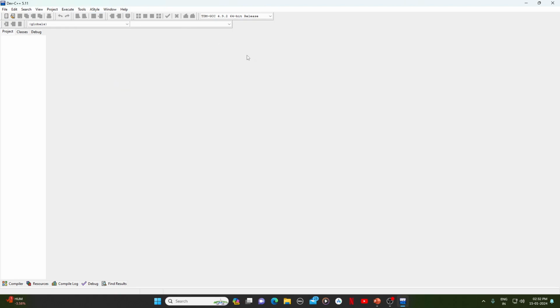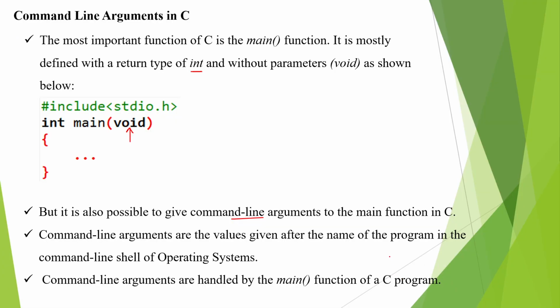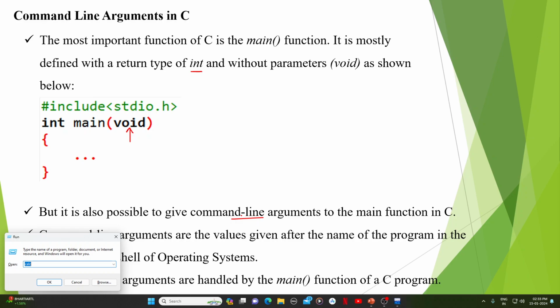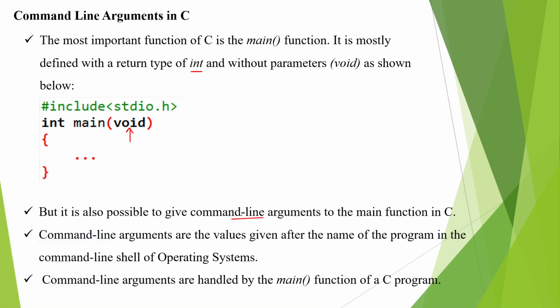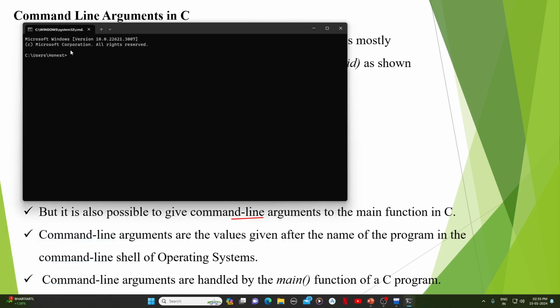But it is also possible to execute our program from the command line. That black screen where we get the prompt, we call it the command line. I will show you. From this window also we can execute our program.